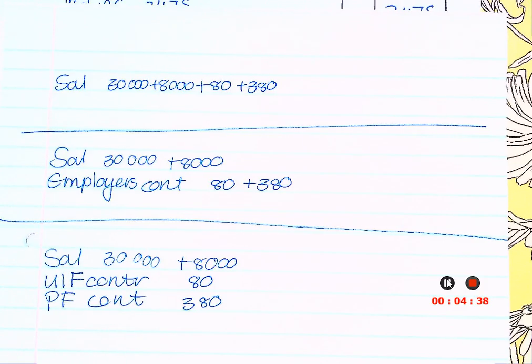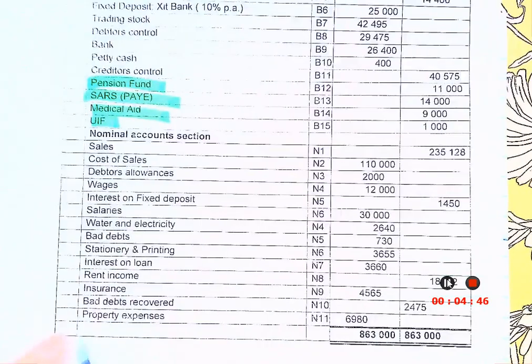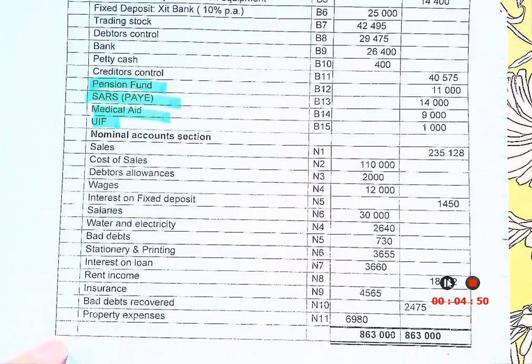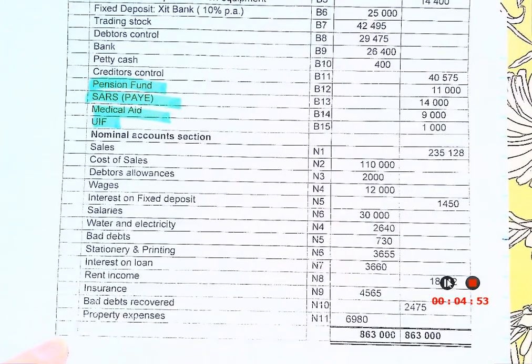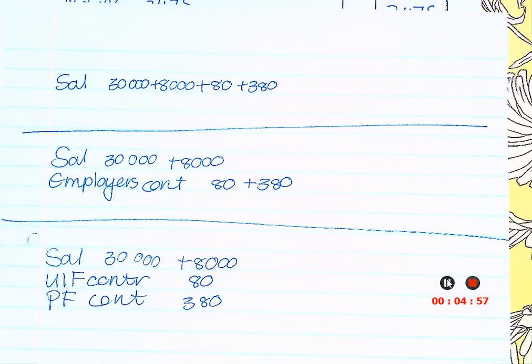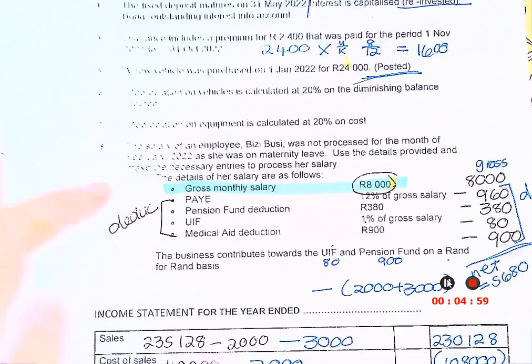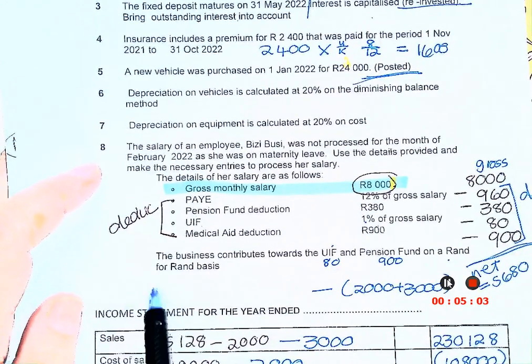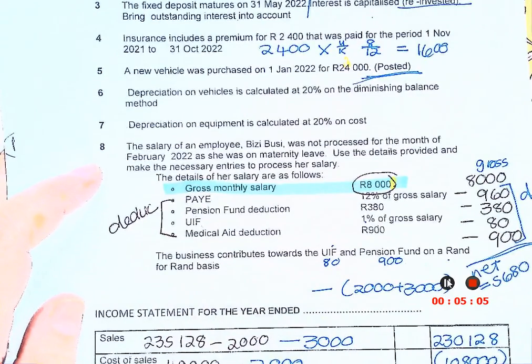You will tell me, ma'am. Yes, usually they will tell you in the trial balance. Here would be an expense that says employer's contributions or UIF contribution, pension fund contribution. Another way that they usually do it is they will say in a sentence, contributions is added to the salaries.